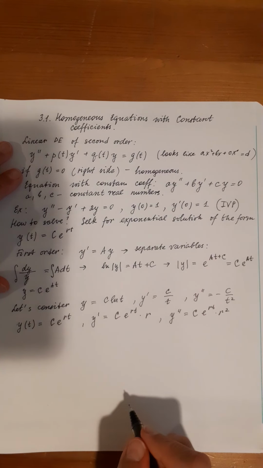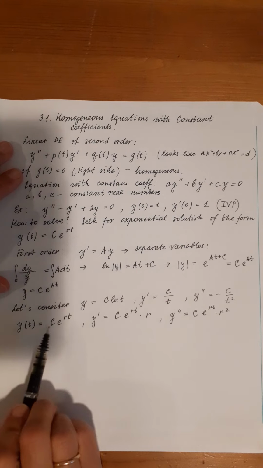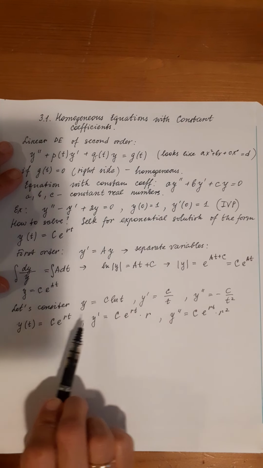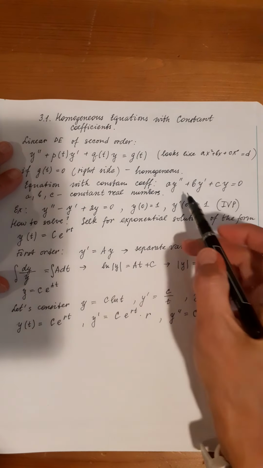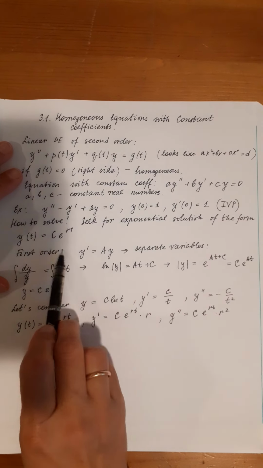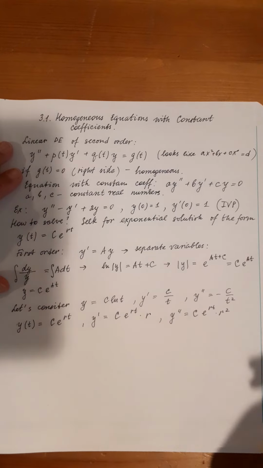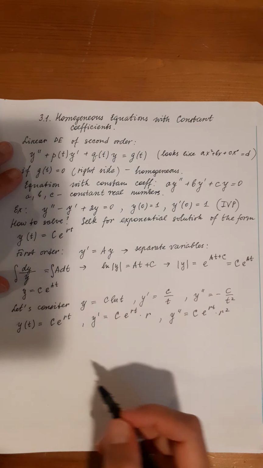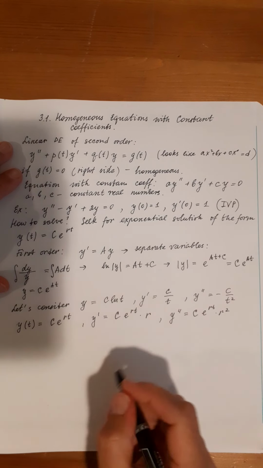We get r squared. Now I'm going to plug the function, the first derivative, and the second derivative into my original equation with arbitrary coefficients. We're not going to solve this particular one at the beginning, I just want to show you that it's possible to solve this. So what is going to happen if I plug everything in?